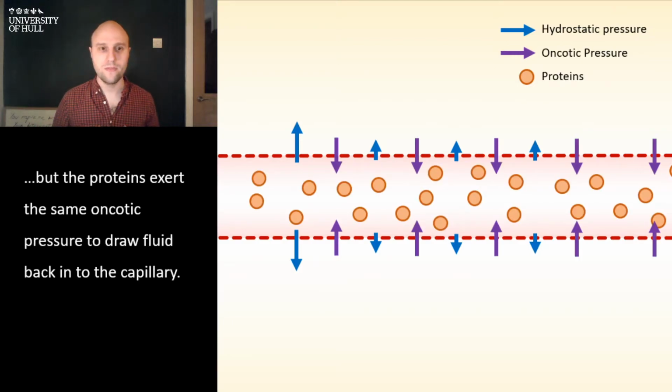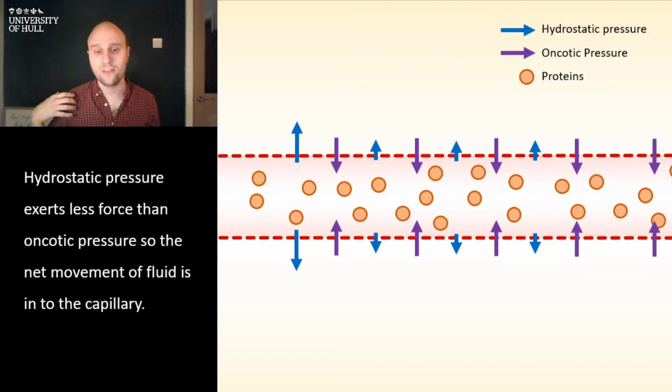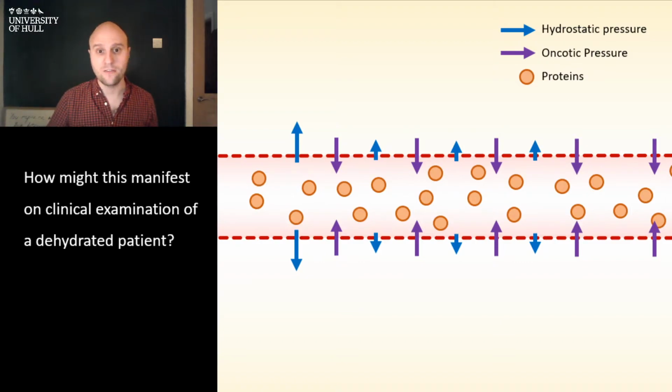However, there is no change to the big proteins and cells within the intravascular space, and so they're still exerting their oncotic pressure, still drawing fluid back into the blood vessel. And so the hydrostatic pressure is less, the oncotic pressure is the same as in health, and so we have a net movement of fluid from the interstitial space, the space surrounding the blood vessel, into the intravascular space, so back into the capillary.